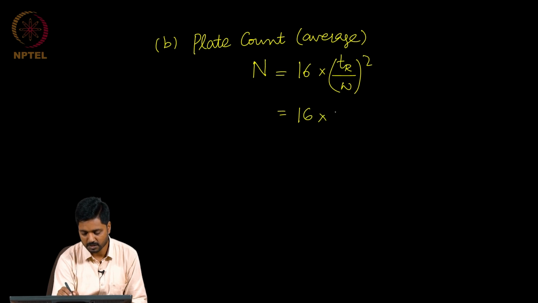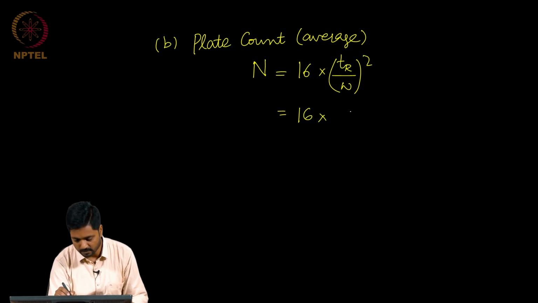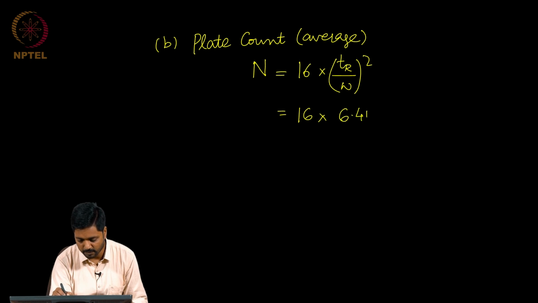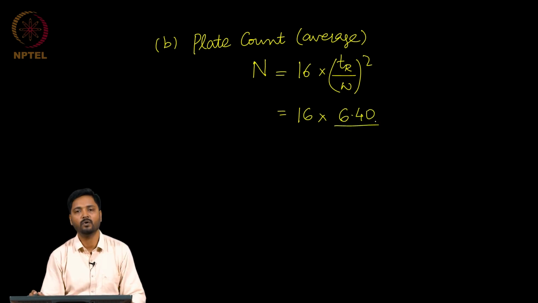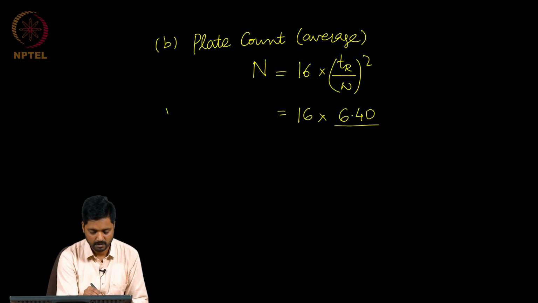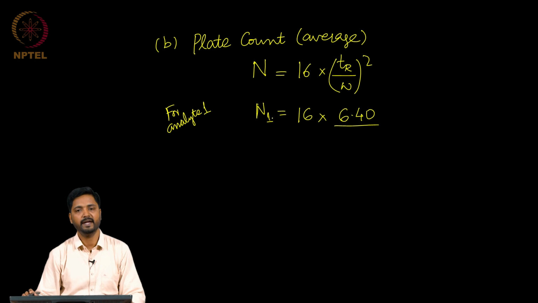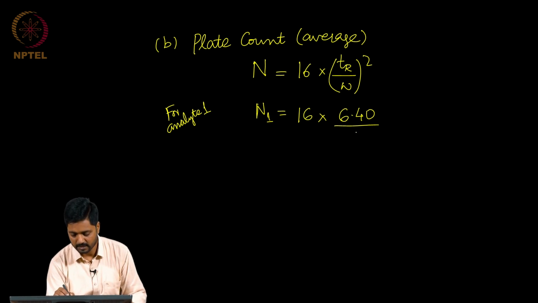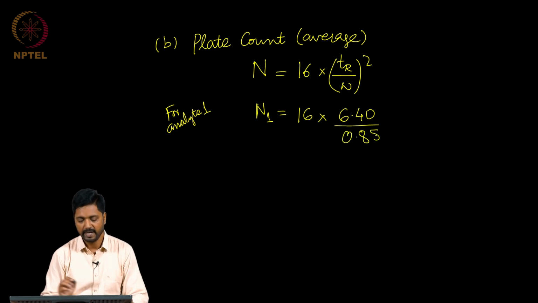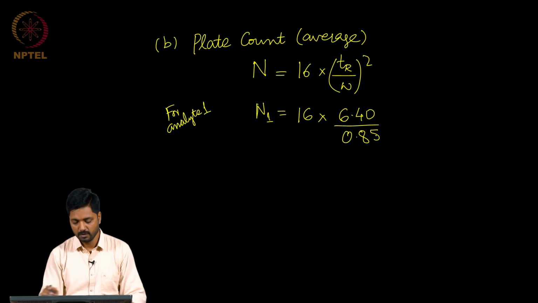So, let us do again the calculations here. That would be 16 into the retention time of 6.40 for analyte 1, we call it N1, and the width at the base for this was 0.85, and when we solve this out we get an N1 value.